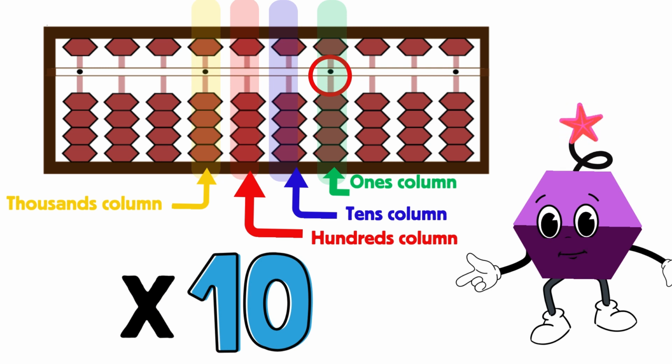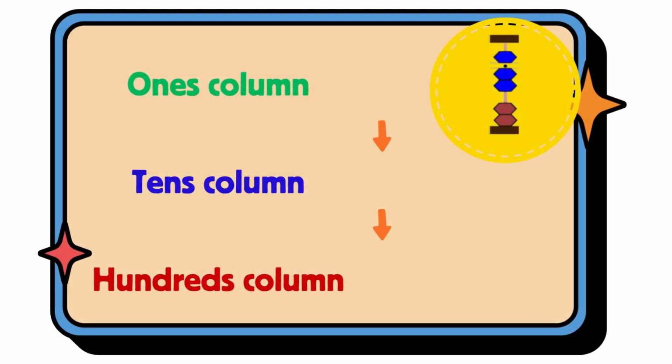Therefore, the value increases by 10 times when you move to the left column. For instance, if we add one upper bead and two lower beads in the ones place column, that's 7. Then, we add the same number of beads in the tens column, which becomes 70.